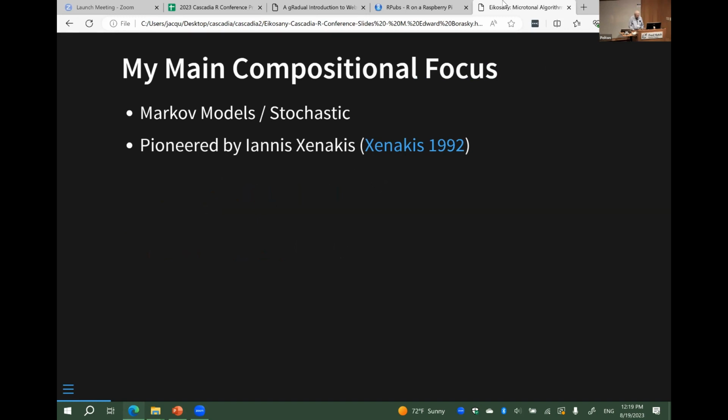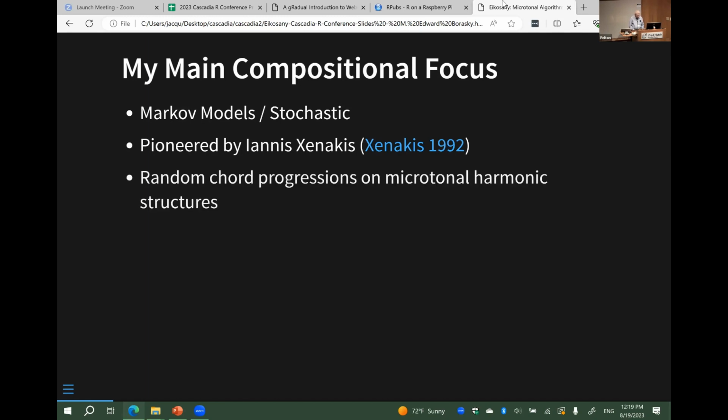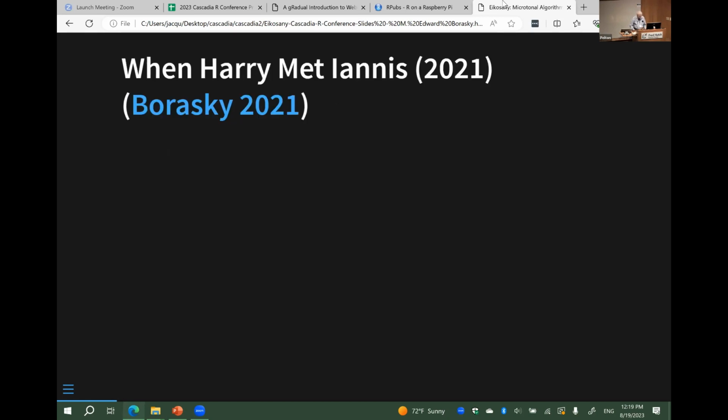This was pioneered by Iannis Xenakis, who passed away in 2001. What I do is random chord projections on microtonal harmonic structures. That's a $10 word for random, not like throw dice and read the dice and pick stuff out.